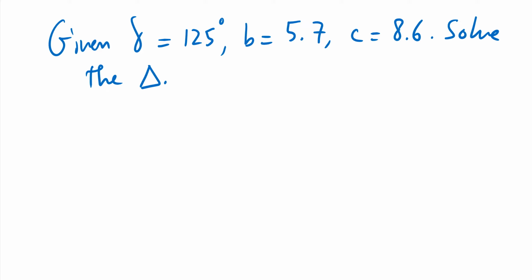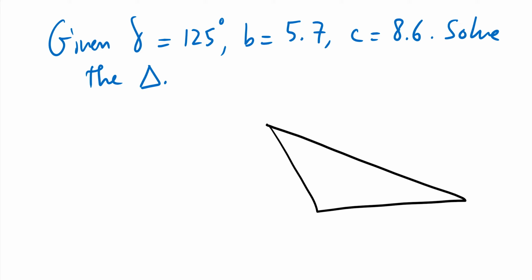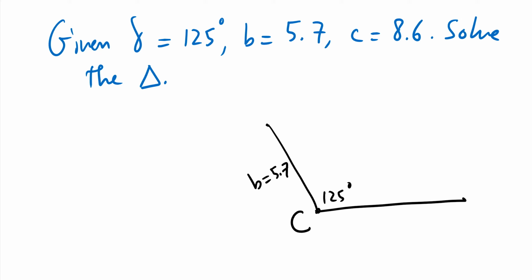So here, let's say I drew the triangle. Usually we don't draw this because we know it's an SSA case. So here what they give us, the 125, that's angle C, okay? B is this side here, 5.7. This is A, because B has to be opposite, so B is here.